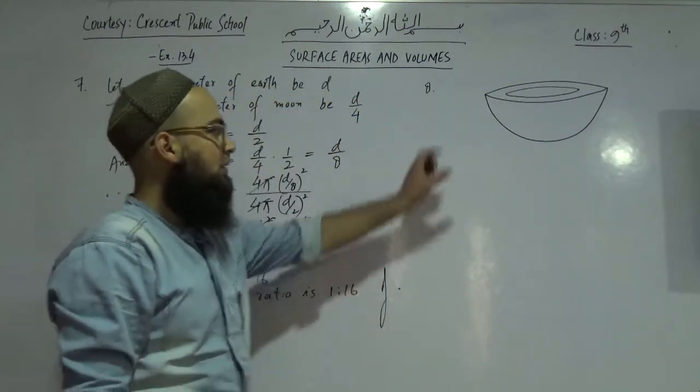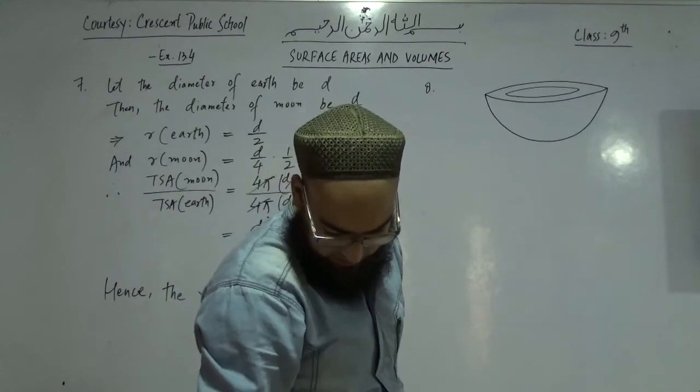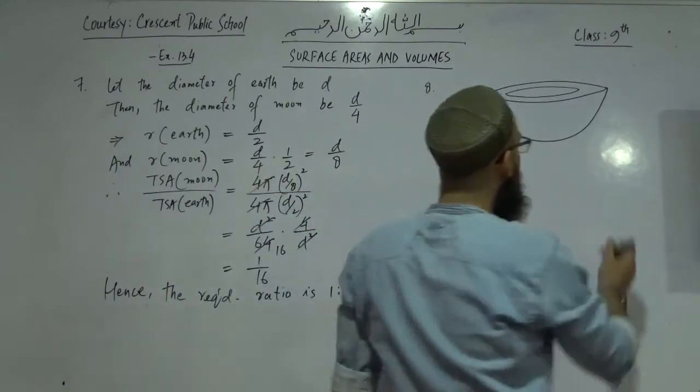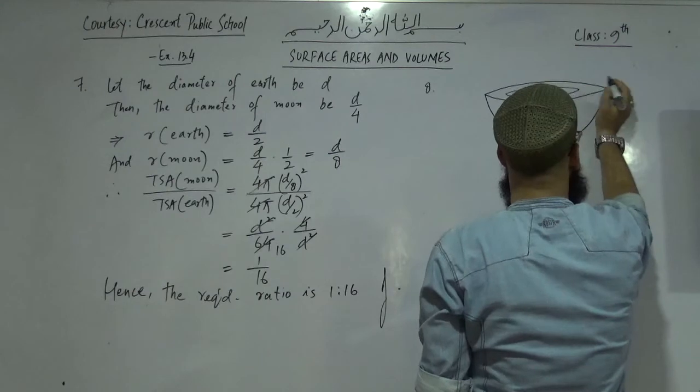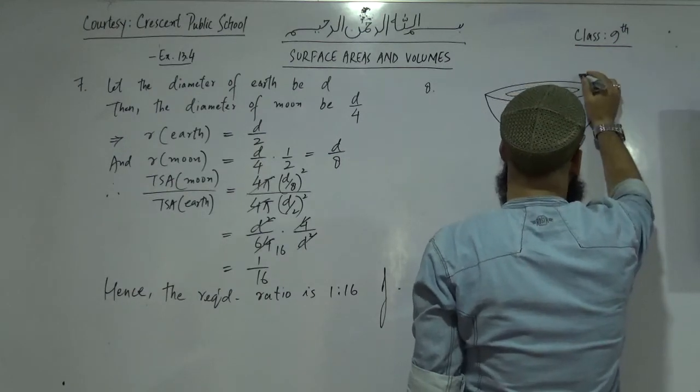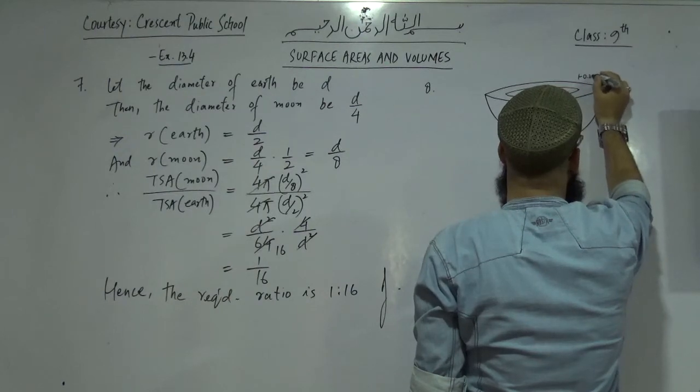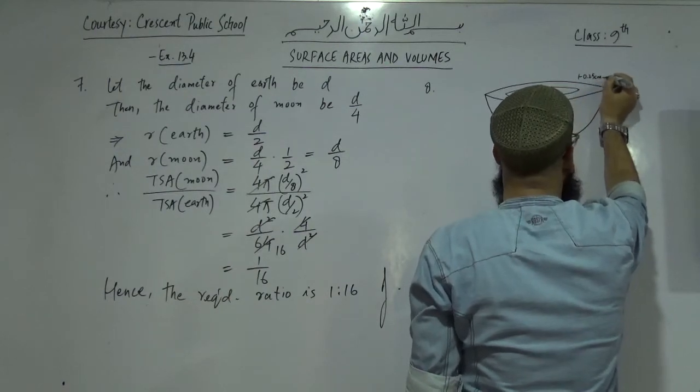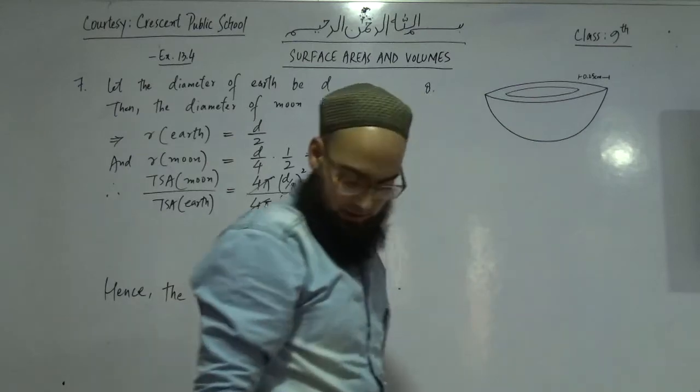Hemispherical bowl of some thickness, and that thickness is 0.25 centimeter. So this thickness is 0.25 centimeter. This is your thickness.